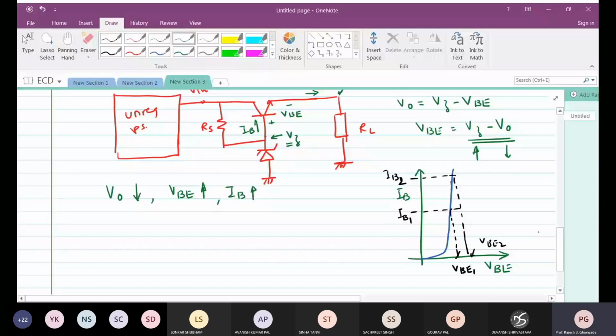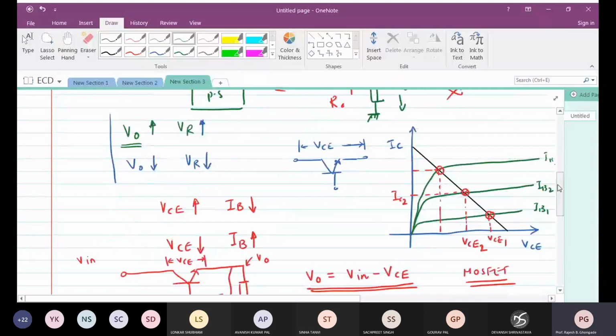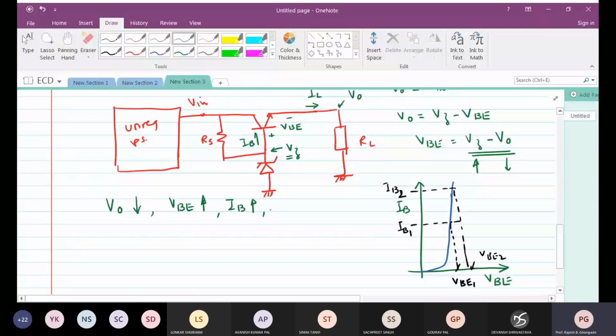Going back here. Look here what is happening. IB is increasing now. So what will happen to VCE? Decreasing. So VCE will decrease. Or if you want to go the other way around, IB increase means IC will also increase. So VCE will decrease.